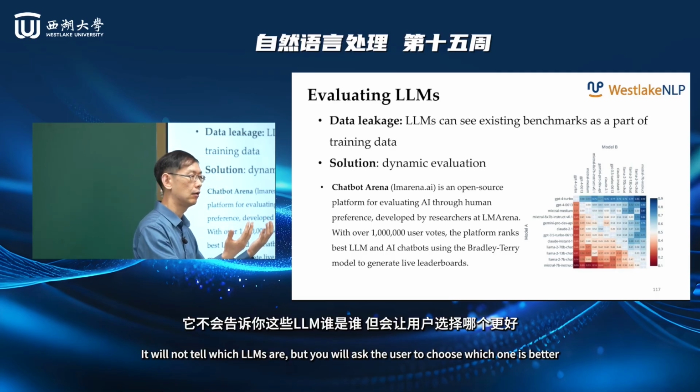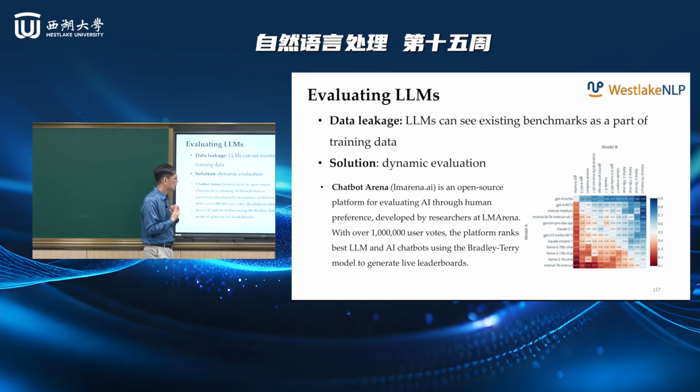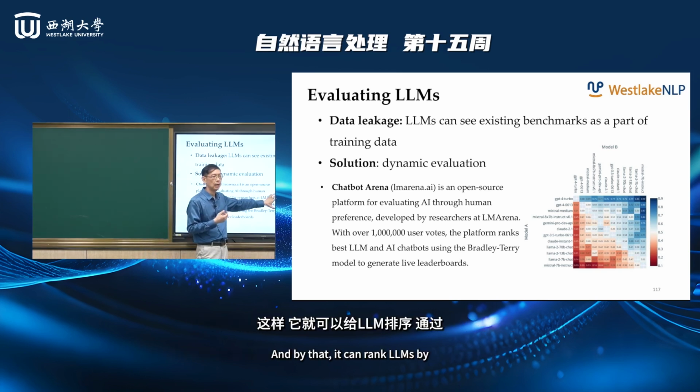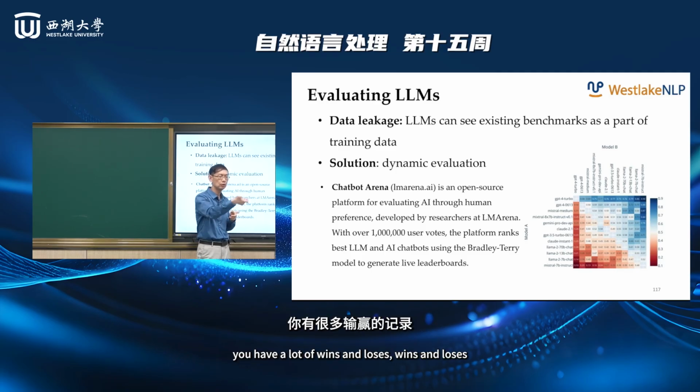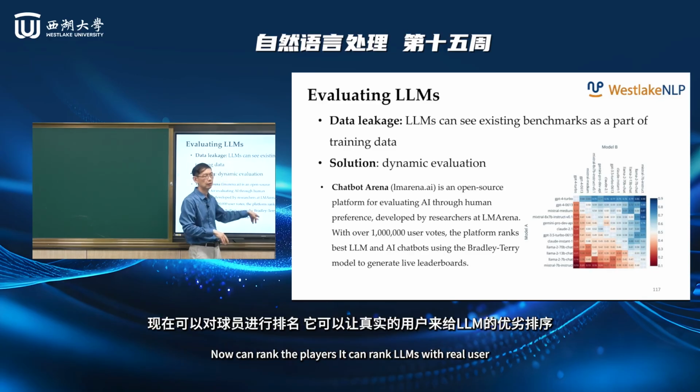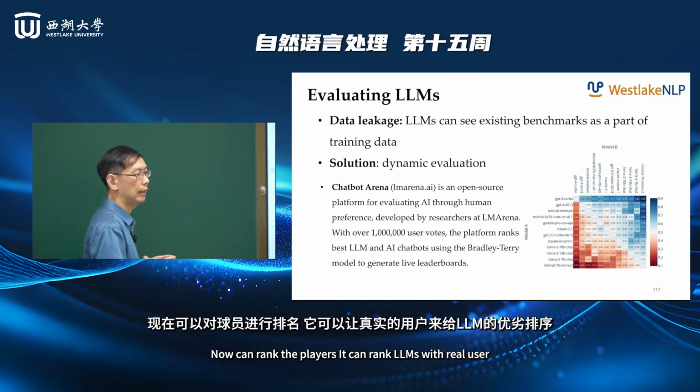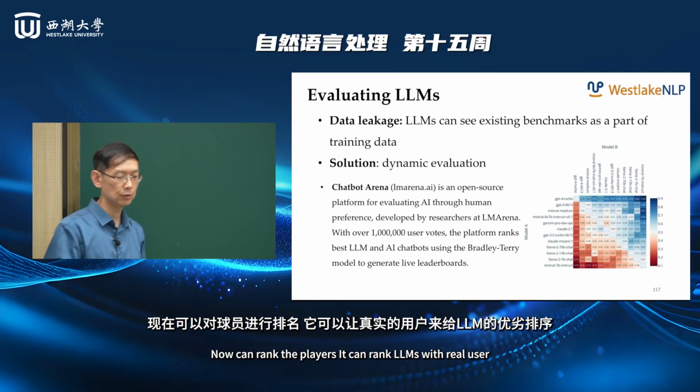It will not tell which LLMs they are, but it will ask the user to choose which one is better. And by that, it can rank LLMs by using some sports tournament metrics. For example, you have a lot of wins and losses, now you can rank the players. You can rank LLMs with real users.